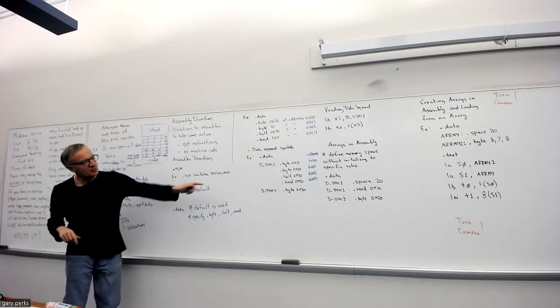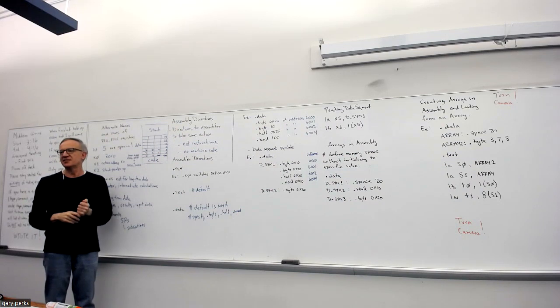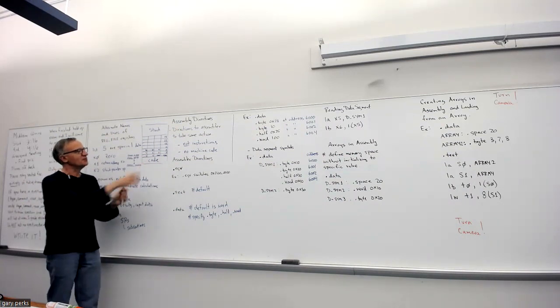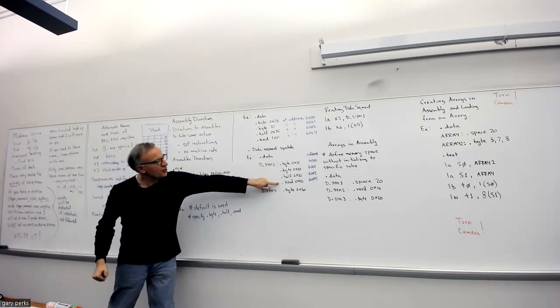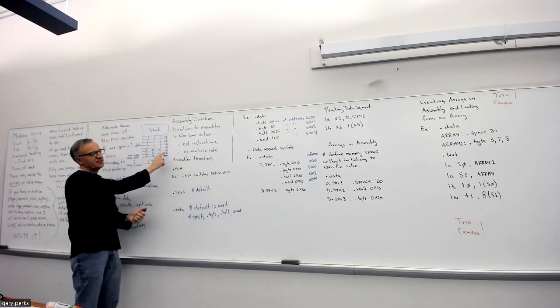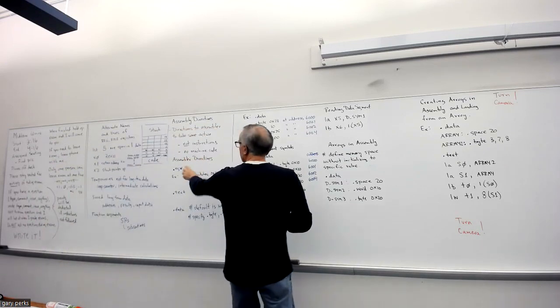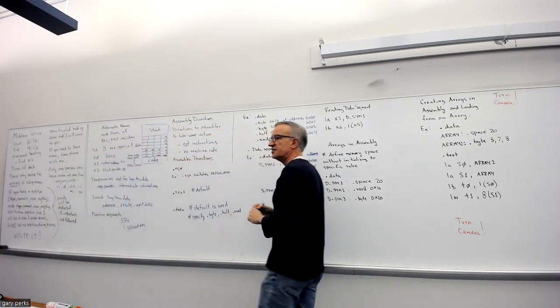So where would that byte of 50 hex go? 6008? Yeah, 6008, right? Because this word takes up 4 bytes starting with address 4, so it's taking up all these bytes here. So this byte would be address 6008.